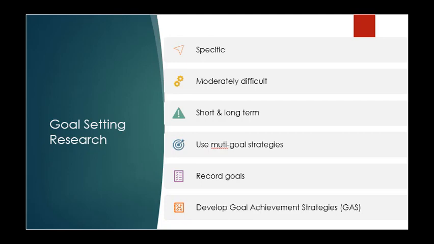Also, it's important that we record our goals, that we assess and measure them, because that is the only way we're going to be able to have critical analysis and be able to evaluate if our strategies are working. And if they're not working, then we can adjust and then reevaluate later on down the line. Lastly, it's critical that we develop goal achievement strategies. And we'll discuss specifically how to do that when we discuss goal mapping.